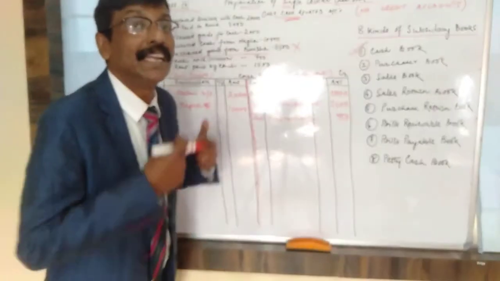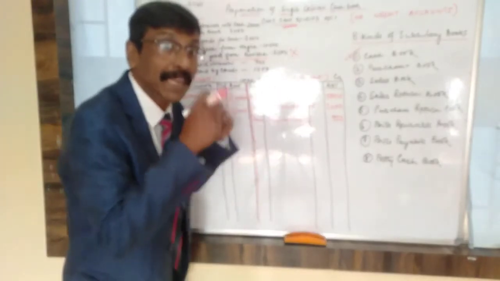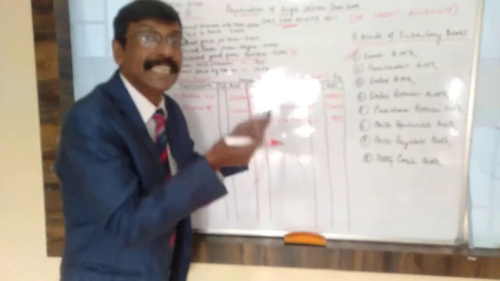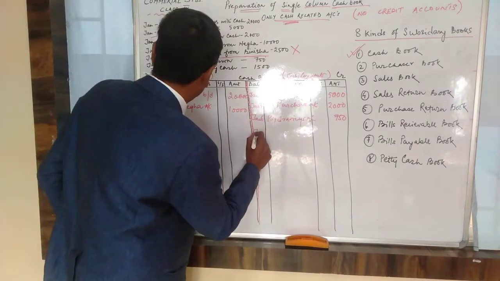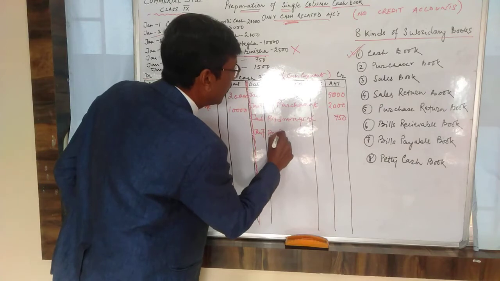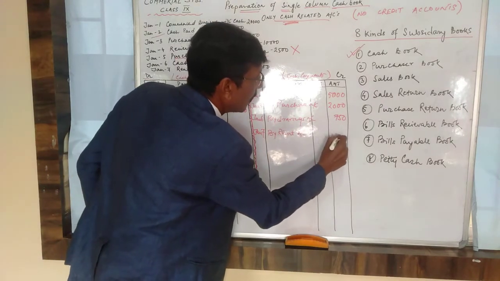Last, January 7th, rent paid by cash. I have paid rent by cash. It is a payment. Paid rent, paid electricity, paid for transportation, it is a payment. Therefore, here January 7th, by rent account, 1500.